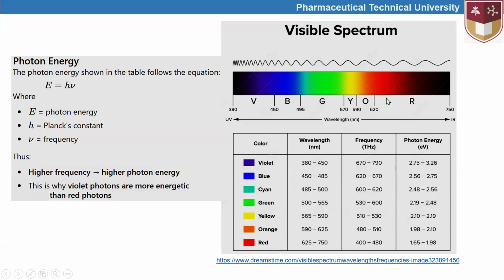Again, we talked about this: red, orange, yellow, green, and indigo, blue, and violet. Sometimes indigo is written as blue, and this light blue color is called cyan.